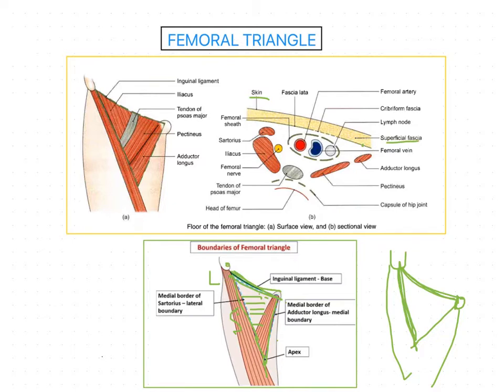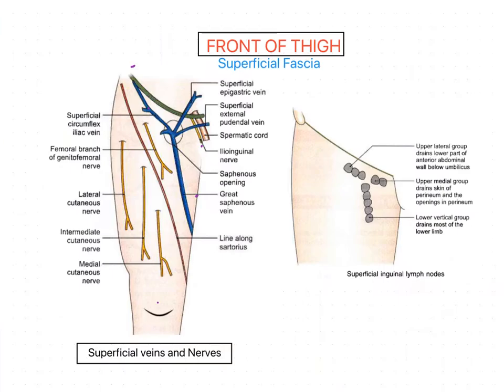And the saphenous vein, along with its tributaries, is also related in the superficial fascia.